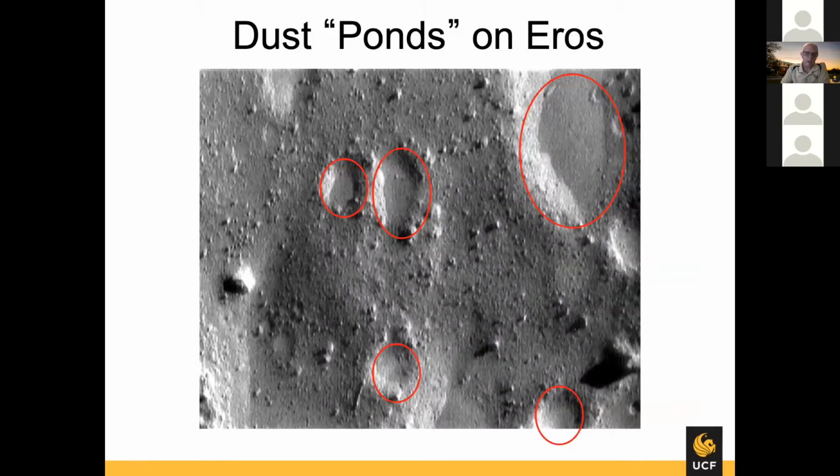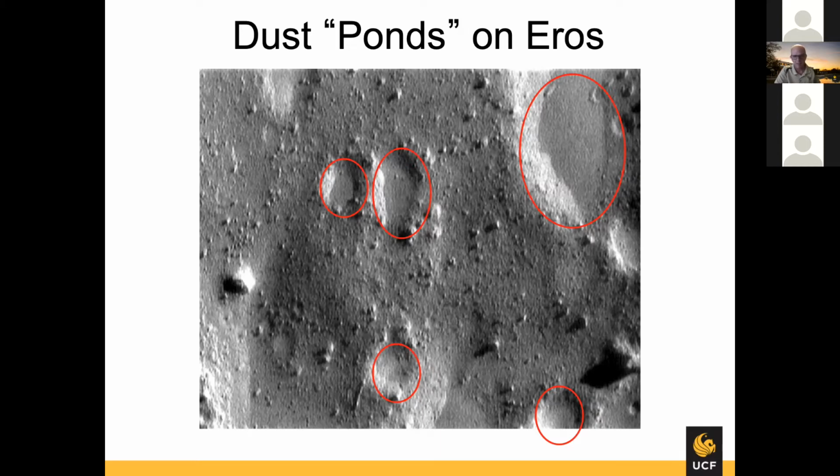And then, of course, the NEAR Shoemaker spacecraft observed that in many of the craters, hundreds of the craters on this asteroid, which is tens of kilometers in size, the bottoms of those craters seem to be flat and smooth rather than bowl-shaped. They were nicknamed ponds by Robinson, and that was interpreted to be small particles that had, for whatever reason, filled in the bottoms of these craters.